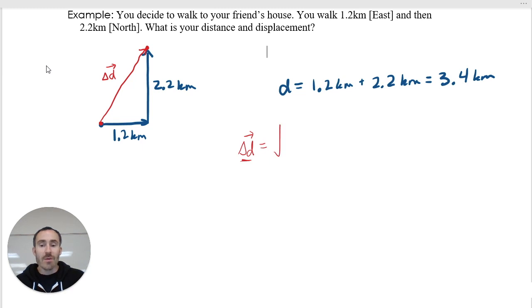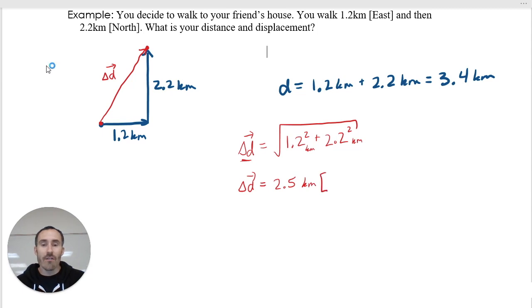And so the displacement is the square root of 1.2 squared plus 2.2 squared. Now we need to remember that this is all kilometers. I just haven't written the kilometers in here just for the sake of space. But it's a good practice to throw in the units absolutely everywhere so that you don't forget them at the end. We need to remember that we're dealing with actual quantities of something. We're not just dealing with raw numbers. So displacement then is equal to 2.5 kilometers.